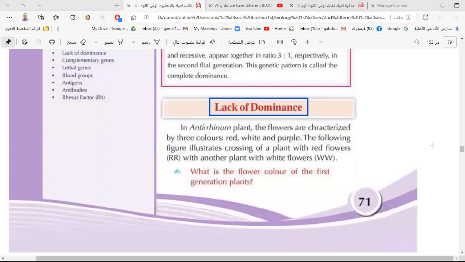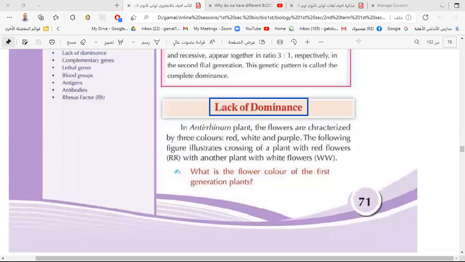If we have two genes with the same power, the same force, and the same influence in appearing the hereditary trait, and they come together in an individual, this individual will carry both genes and a completely new trait with a new character.